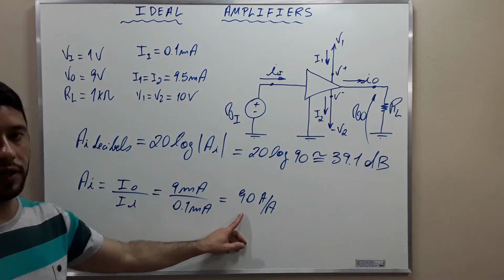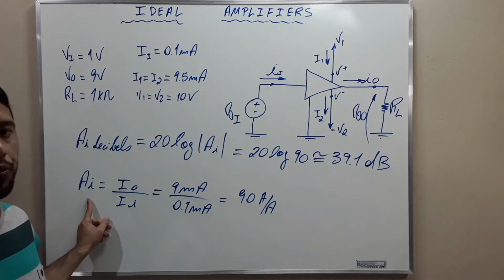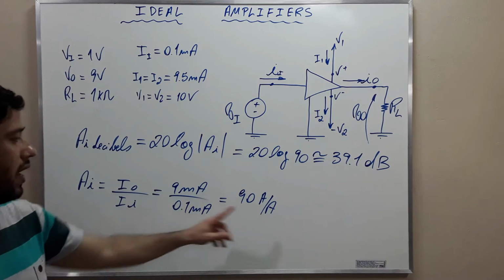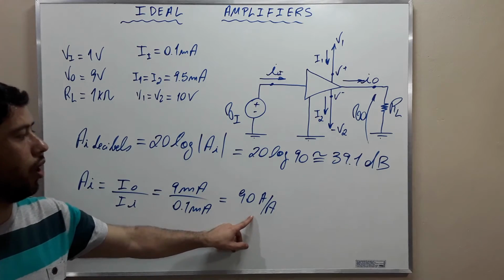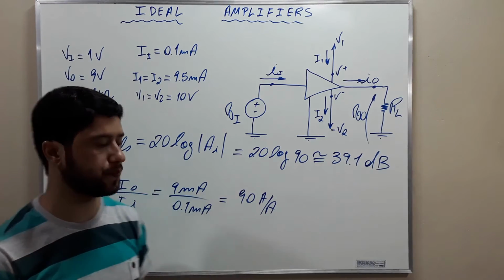These are alternatives. You can express the current gain as amperes per ampere or in decibels.